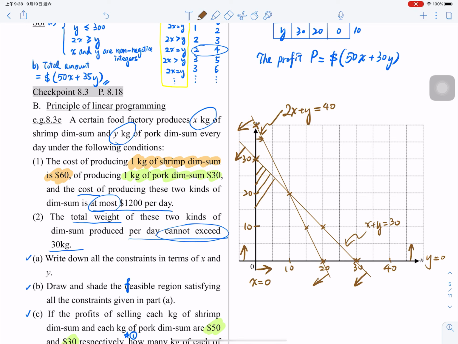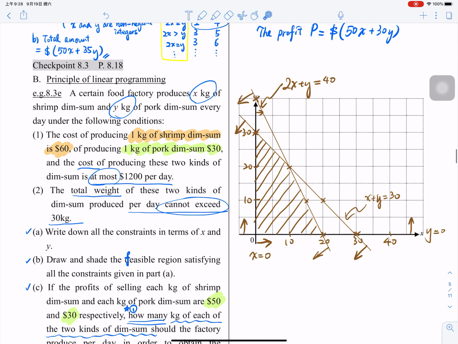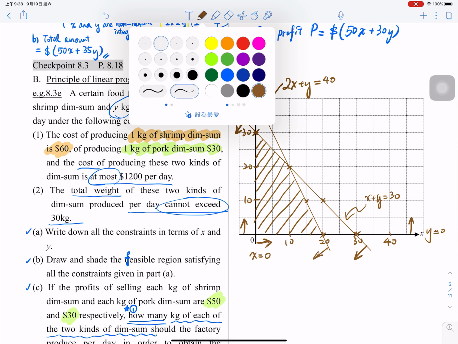And you found that here. Here is the feasible region, right? Okay, that's great. Now, draw and shade the feasible region. That means we complete part B. Okay? How about part C?